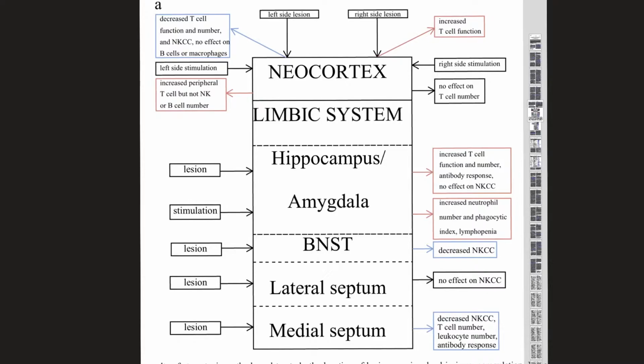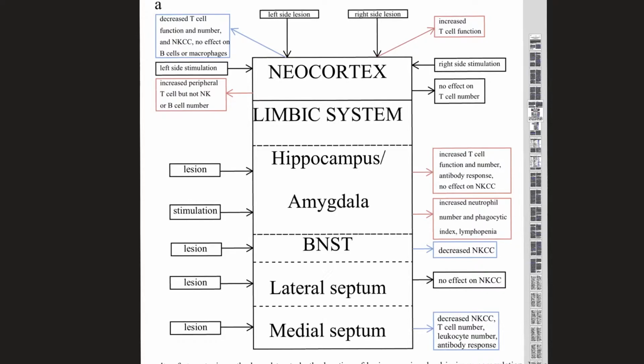This is one of the coolest charts in this paper. And as you can kind of see, it's a long paper. What this is showing you is what the downstream immune system's response is to either a lesion or stimulation of that area of your brain.